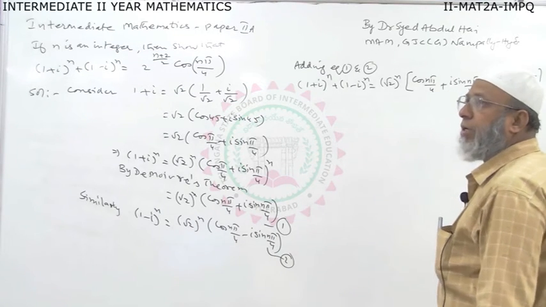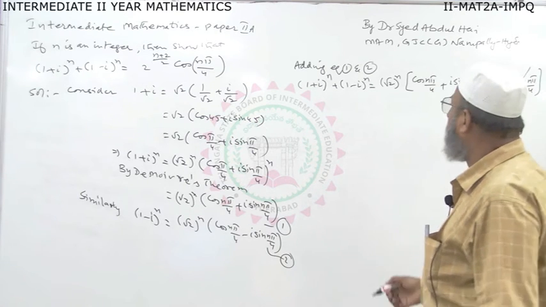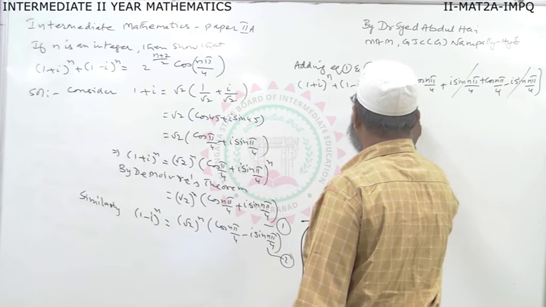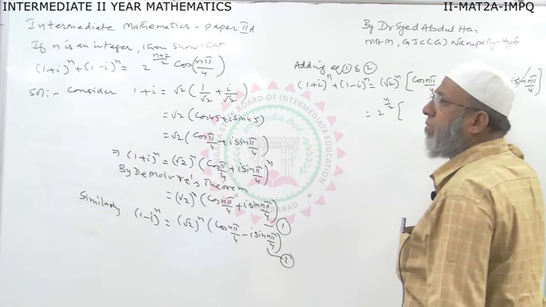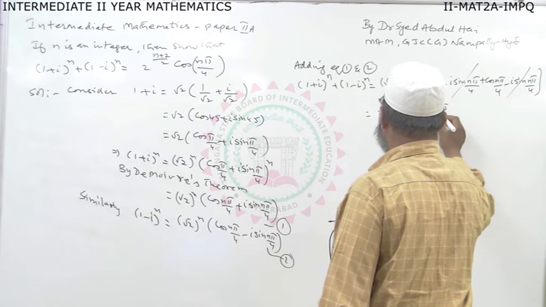Okay. Now you see that this is plus and this is minus. They will cancel each other, which gives me root 2 power of n into cos n pi by 4 plus cos n pi by 4, which is equal to 2 cos n pi by 4.